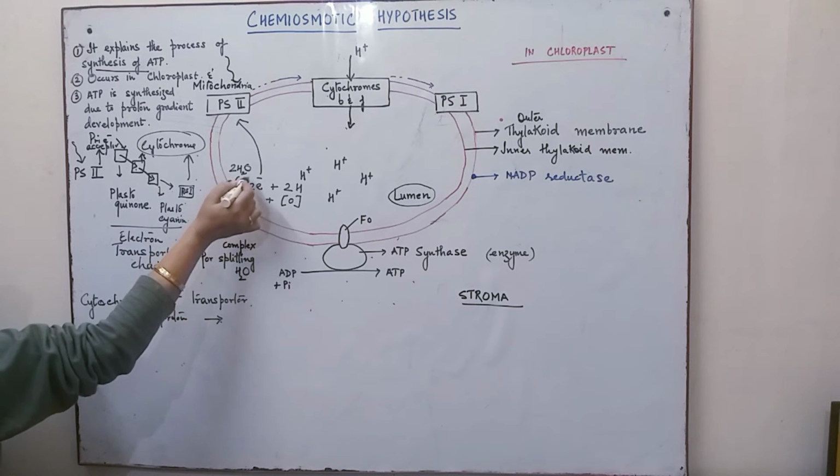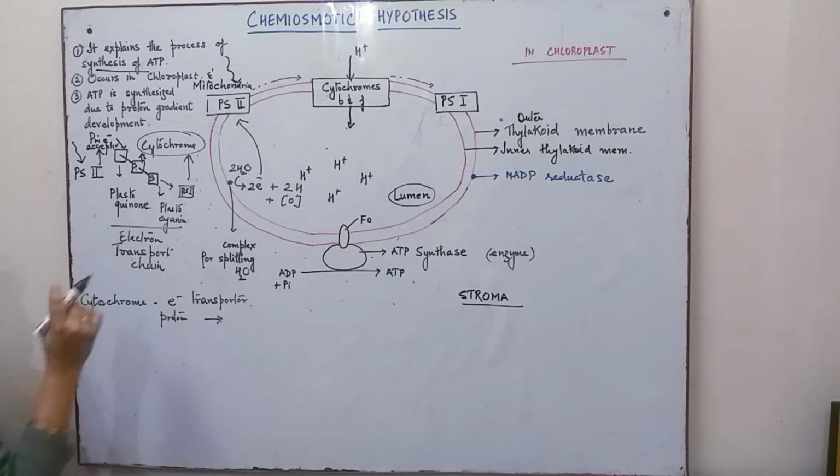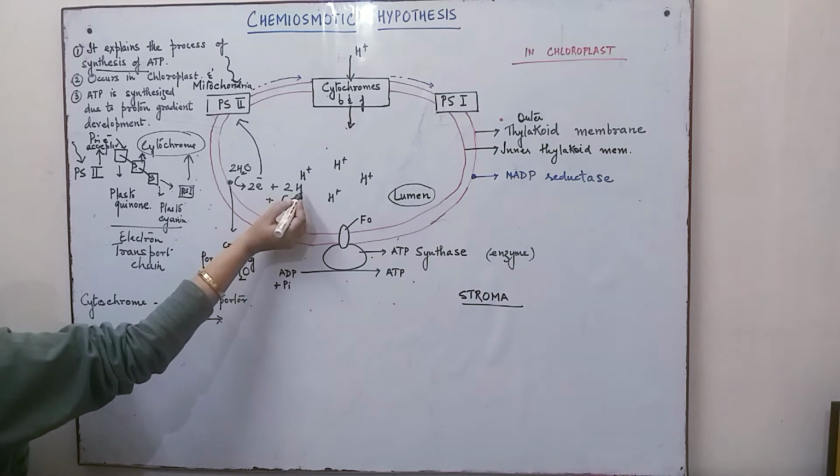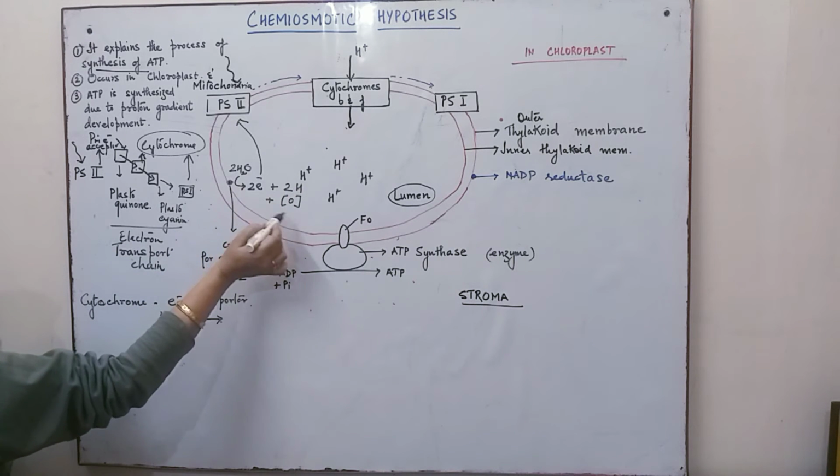So this pair of electrons will replace the electrons lost there, and we also have the hydrogen and the oxygen.